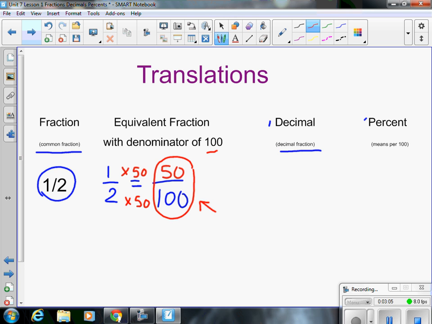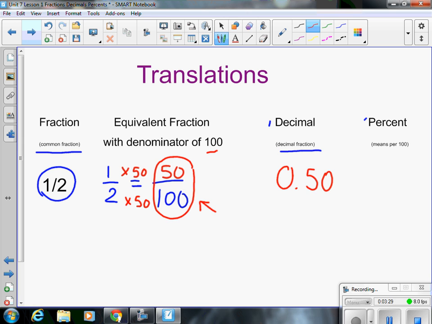All right, now that we have an equivalent fraction with a denominator of 100, we can do the next step. We can turn it into a decimal, okay? And so we would write that as 50 hundredths. And here's what that looks like. 50 hundredths. Kind of looks like 50 cents, okay? Now the next step is to turn it into a percent. Remember that percent means per 100.